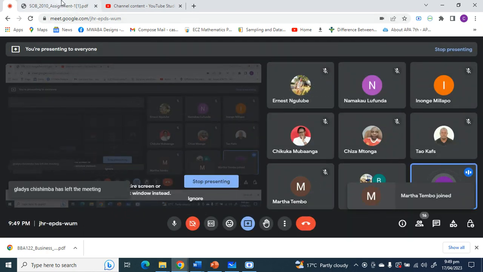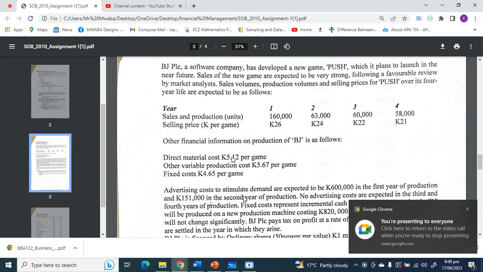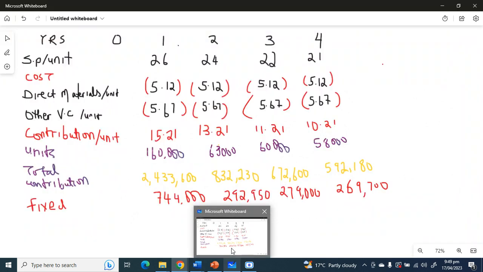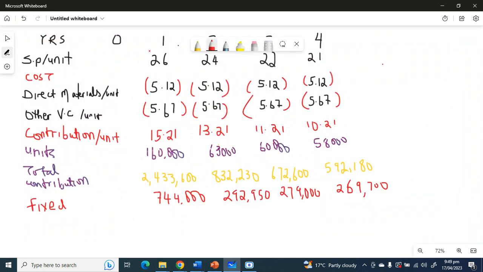All right. The next thing that we include is the advertising costs. Year one, 600,000.